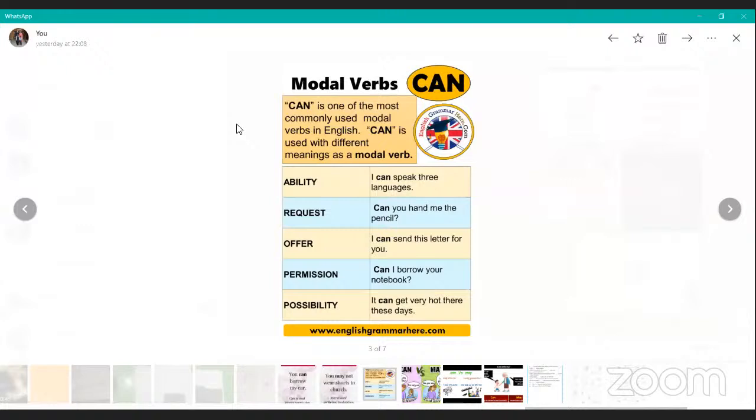That is to show possibility. Now, you may write down some examples. It can rain today. අද වහින්නට පුළුවන්.